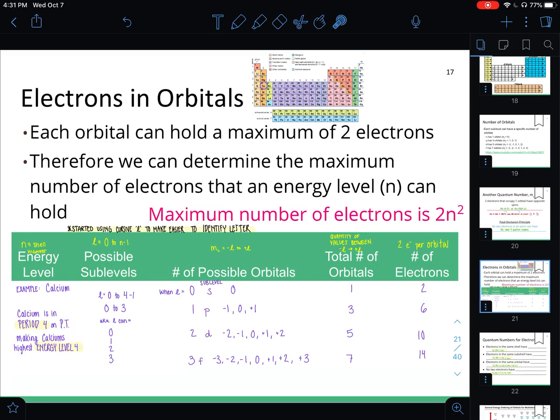And the total number of orbitals is based on the total number of digits that we have found for m sub L. Then the number of electrons that can exist in each of those, because 2 electrons exist in each orbital, just doubles. So if we have 1 orbital, there's 2 electrons, 3 orbitals, there's 6, and so on.